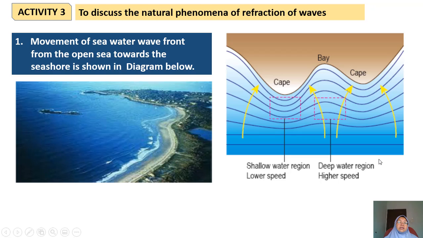Okay, now we try to discuss the natural phenomenon of refraction of waves. We will try to explain why the seashore follows the shape of the shoreline. So this is the Cape Bay, and in the opposite direction, the wave coming is in a straight line, a plane wave. Then when it approaches the shore, it will follow the shape of the shoreline.